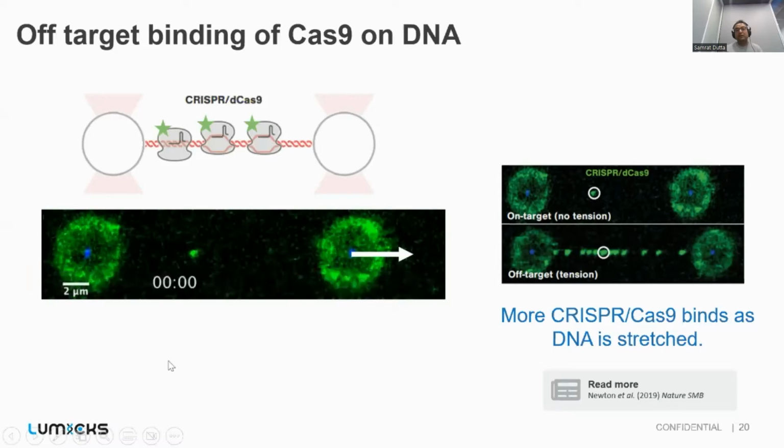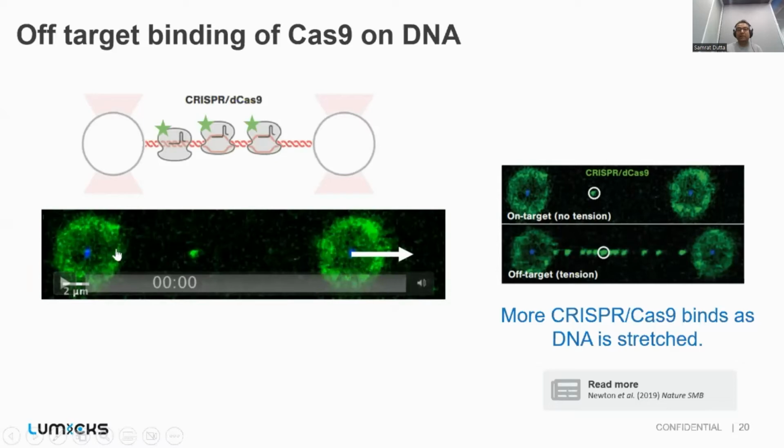And they wanted to study what happens if the DNA comes under tension, because in our everyday life, DNA is undergoing multiple conformational and structural changes. Due to that, there is some tension on the DNA. So that was mimicked by applying force on the DNA molecule by stretching these two beads, which are streptavidin coated, and the DNA was a biotinylated lambda DNA.